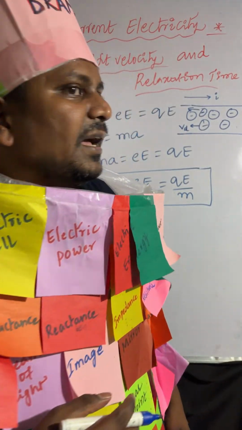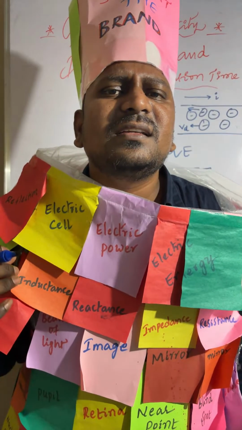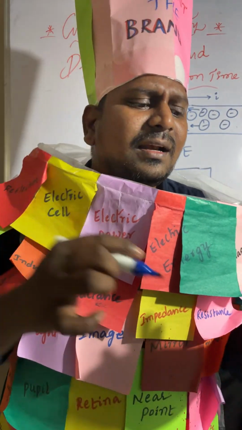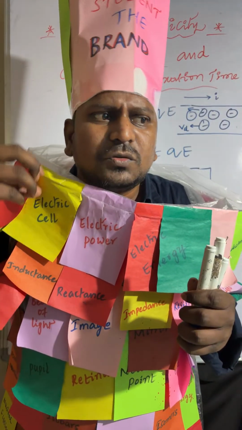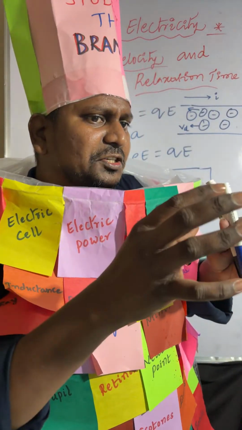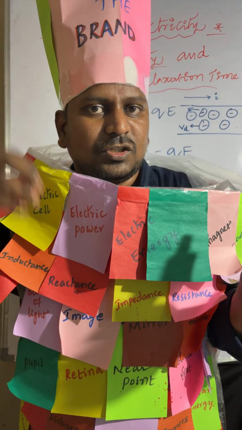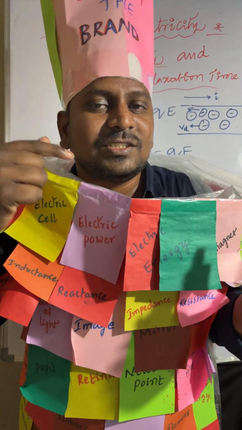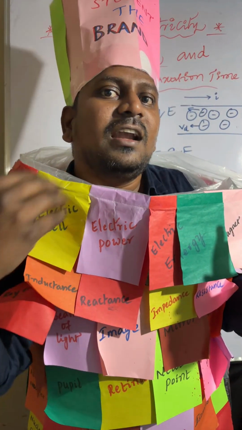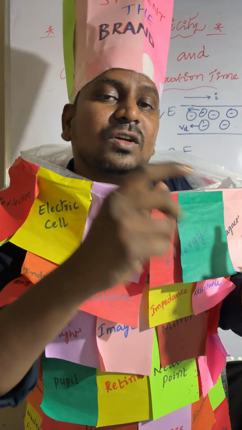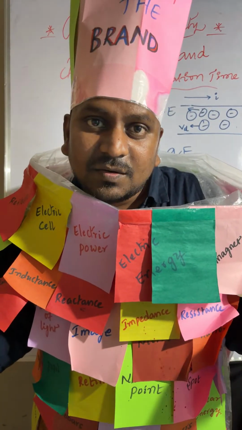Sir, you said relaxation time. What is that? I already mentioned one point. This electron is going to hit another electron, that electron is going to hit another electron. Here collision takes place. After the first collision, again this electron will go and hit another electron. So there is a time gap between one collision and another.